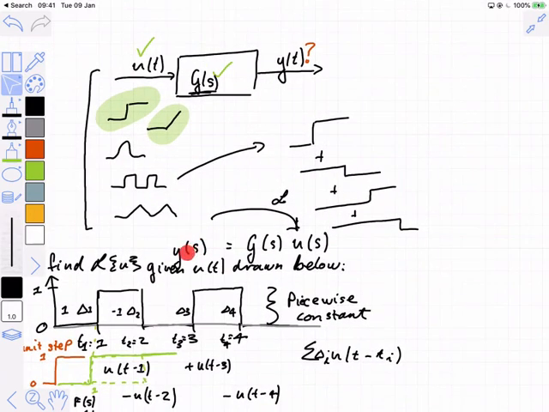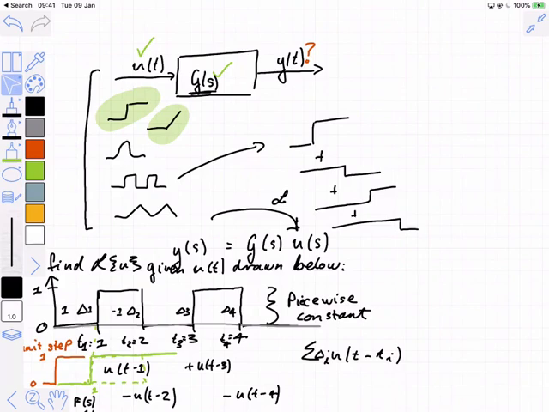So decompose the signal into known input signals, use the known Laplace transforms to get to Y of s, take the Laplace transform of the equations that describe the system and rearrange that into a transfer function, and then multiply and invert the Laplace transform. That's the one version that we're going to do with analytic math.